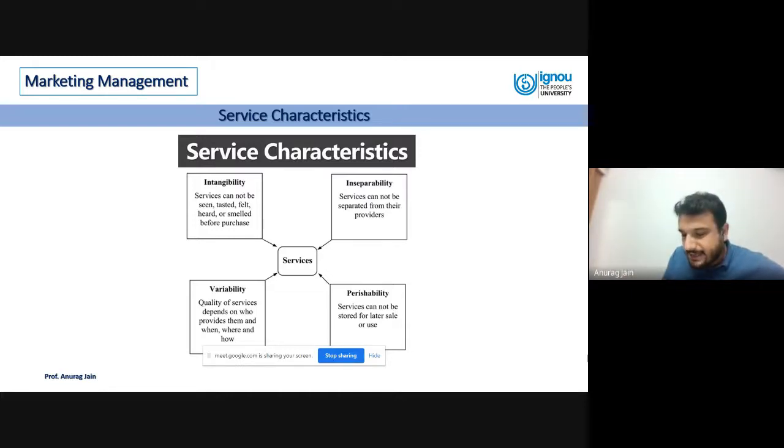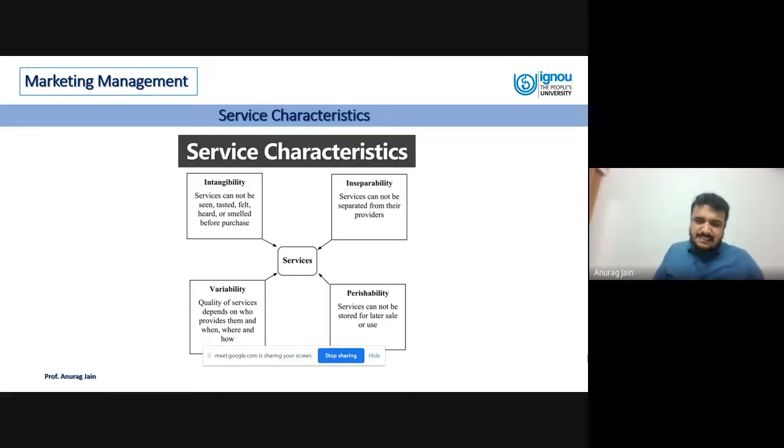It is not the case that you can use it at any point in time, beyond the particular time up to which the services are available to you. And that is the reason it is perishable as well, and you cannot store the services for later consumption. And this is the fourth major difference or characteristic which makes services very much different from the product.